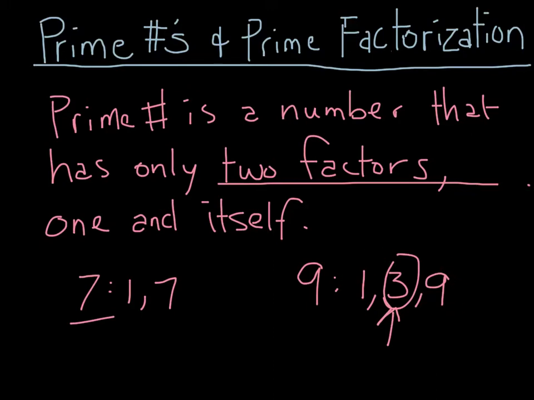What we would call this number is a composite number. Every number that is not a prime number is called a composite number. So we only have two choices. All numbers are either prime or composite.